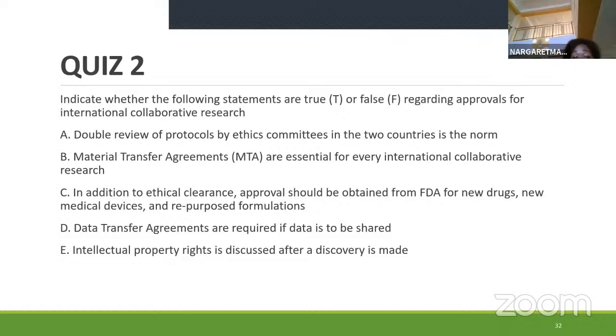C, in addition to ethical clearance, approval should be obtained from the Food and Drug Administration for new drugs, new medical devices, and repurposed formulations. D, data transfer agreements are required if data is to be shared. E, intellectual property rights is discussed after a discovery is made.